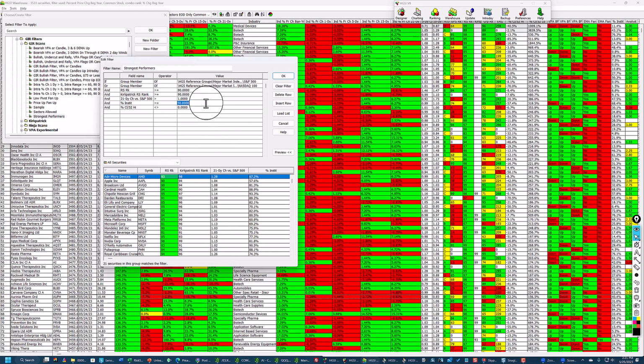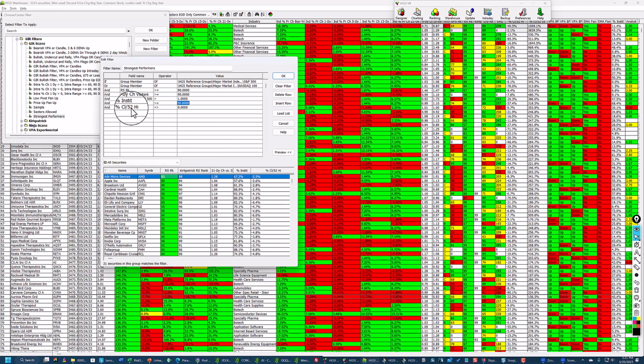And then I put an institutional requirement in here, 50% institutions, and you can see that's right here. And then I wanted a column showing how close these are to the 52-week high. Here's the way you do that.